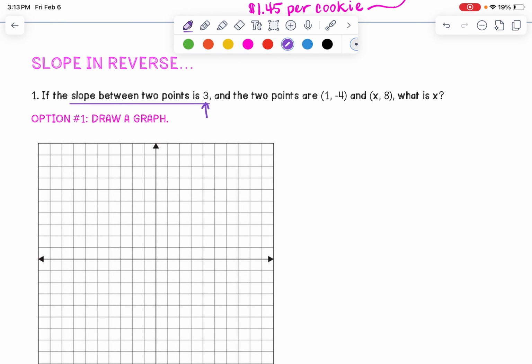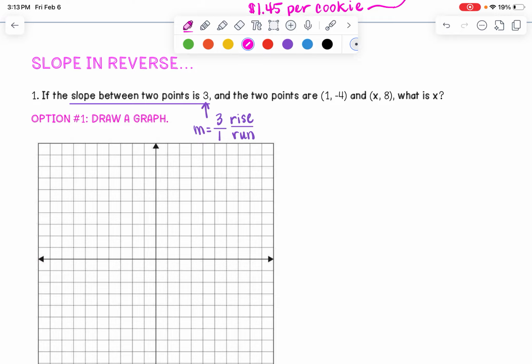Now keep in mind what that means. Slope is always a fraction, always. So if it's not a fraction, you're going to make it a fraction by putting it over 1 so you can see that rise over run. So I don't know where this line is on this graph, but I do know I'm rising 3 and running 1 to get from one point to the next. Okay, so that's what I know so far.